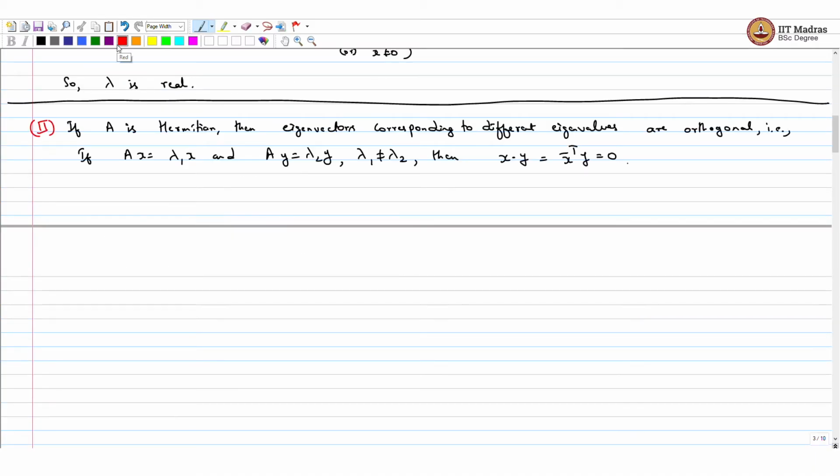As before, we could look at the example. So let's look at the example before. Recall what we had: A is 2, 3 minus 3i, 3 plus 3i, and 5, with eigenvalues which we calculated as 8 and minus 1.